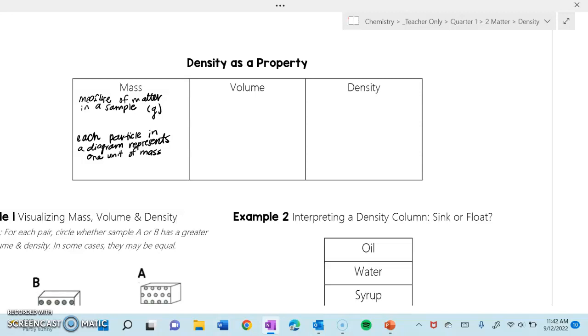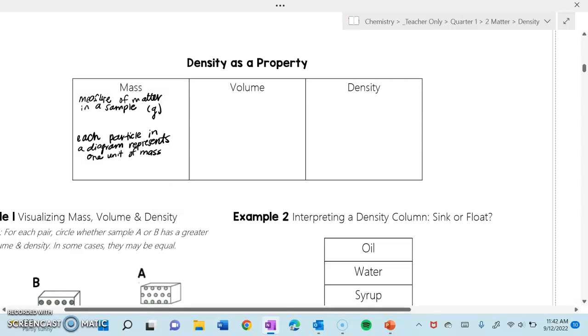Just because I go to the moon and now I put a scale out and it says I weigh half my weight, that doesn't mean I am actually less stuff. I still am made up of the same atoms, the same grams of stuff. Now I just have a different force pulling on me because of where my location is. So just a quick note there, mass is different from weight because weight depends on gravity and the force being pulled down on it. Mass is just the stuff or the matter in our sample.